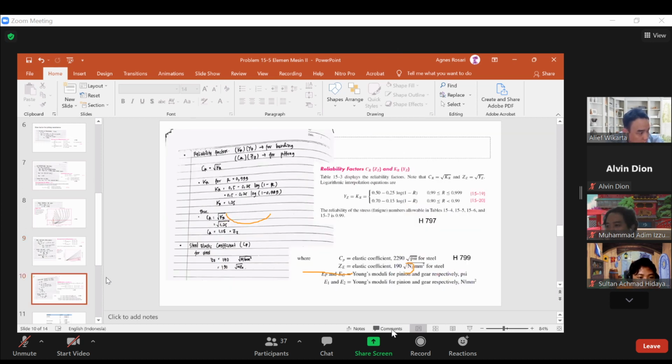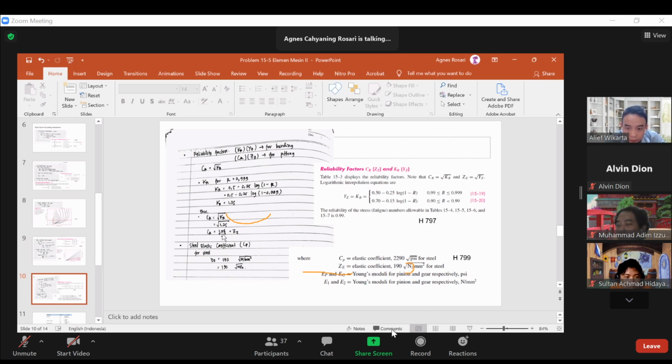And then we find the reliability factor. We know that R is equal to 0.999. Then we got the reliability factor using these equations on the top: 0.5 minus 0.25 log of 1 minus R, and we got the KR here 1.25.